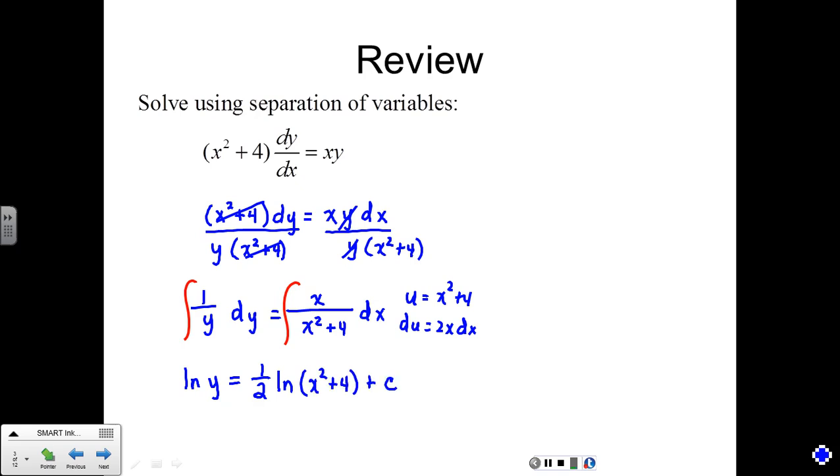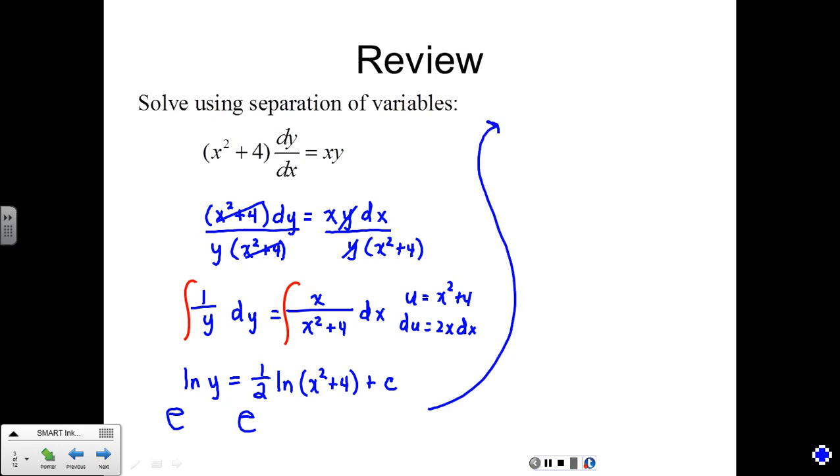plus c. Okay, what can I do here? With the fact that ln is on both sides, what can you do? E it. Okay, so this is some good algebra right here. Be real careful.